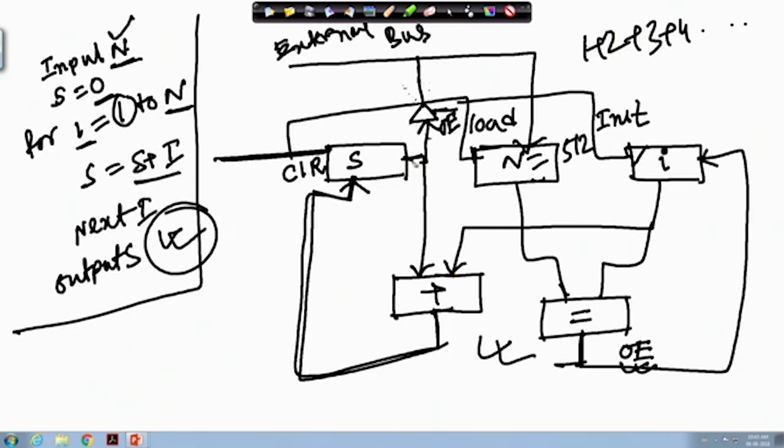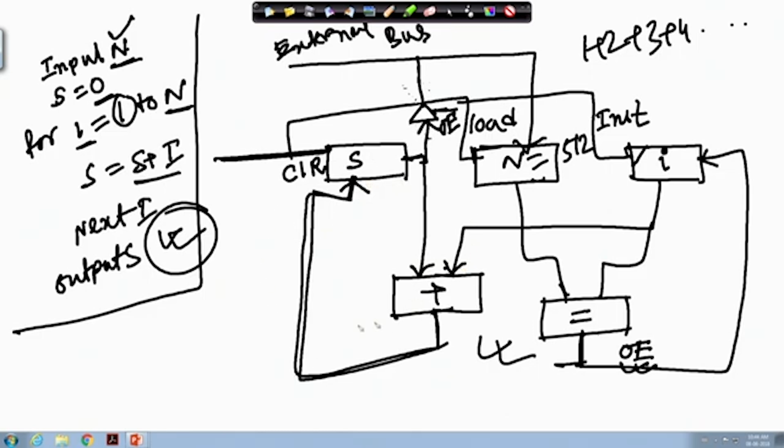Initially it was 0 added with 1, so 1 is stored here. Then next it is 2, and 1 is coming from here, so 1 plus 2. Then this is 3, and 1 plus 2 is already stored here, so it comes as 1 plus 2 plus 3. Then next it is 4, and 1 plus 2 plus 3 is stored here and comes in the next cycle, so 1 plus 2 plus 3 plus 4.